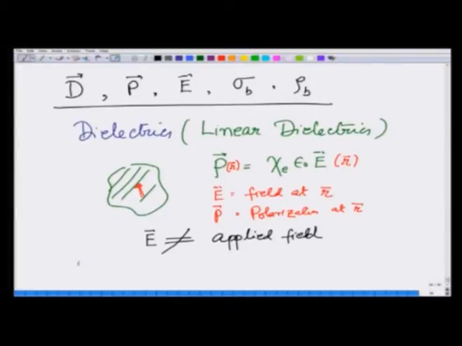Chi E is known as the electric susceptibility. That is how susceptible, how responsive the system is to the applied electric field or to the field locally at that point. Chi E measures that. Okay.